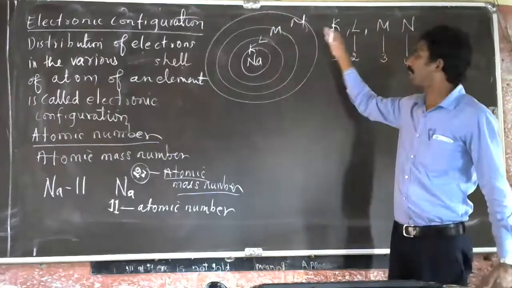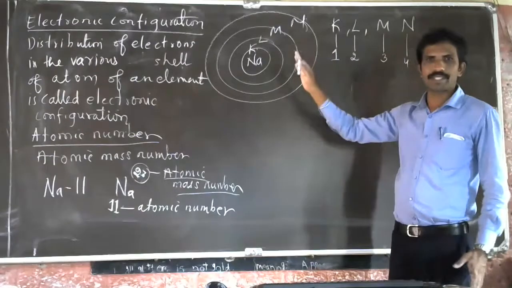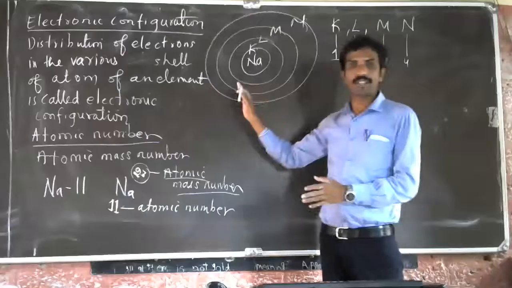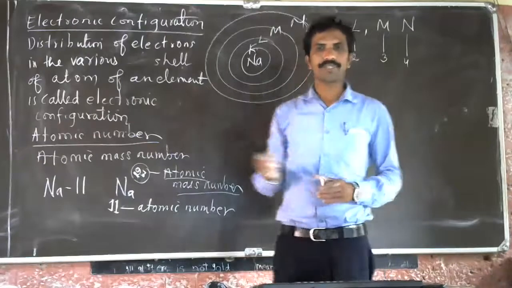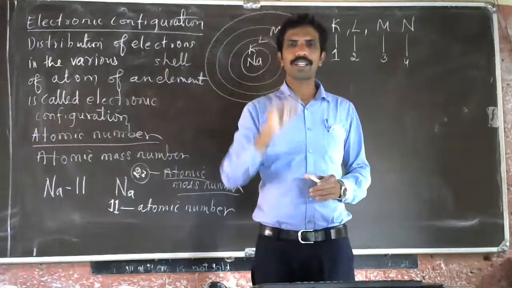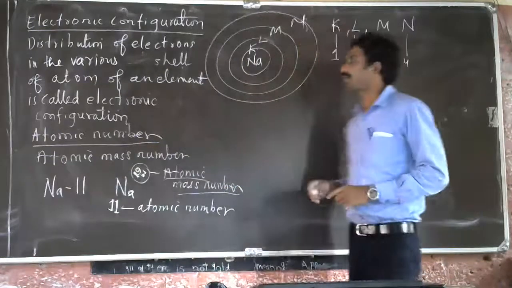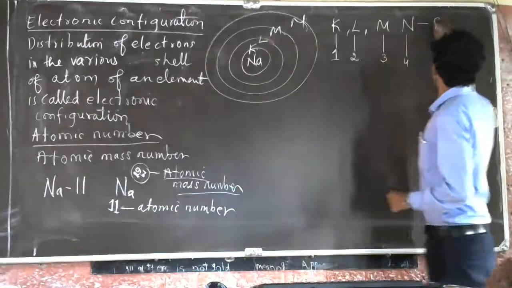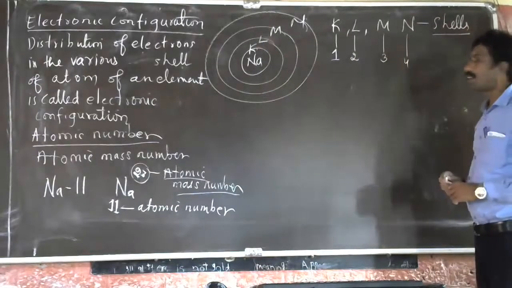They are distributed to K, L, M and so on. This is called electronic configuration: the distribution of electrons in the various shells of an atom. These are the shells present in an atom. Understood?